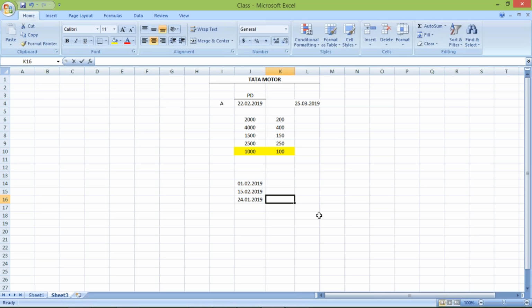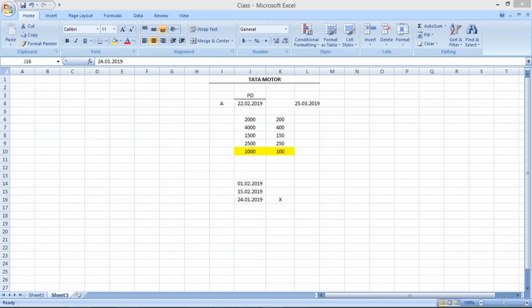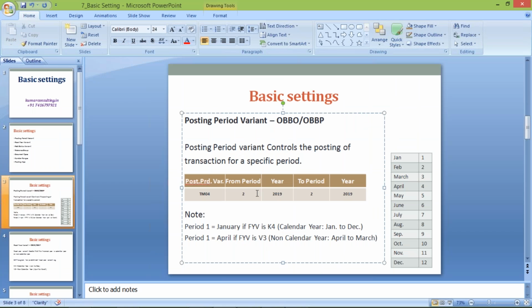Why? Because look here, the month is 01, in the sense this is January. January is not open. Only February is open. From period 2 to period 2 means only February.